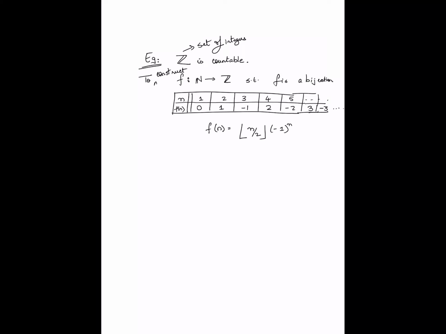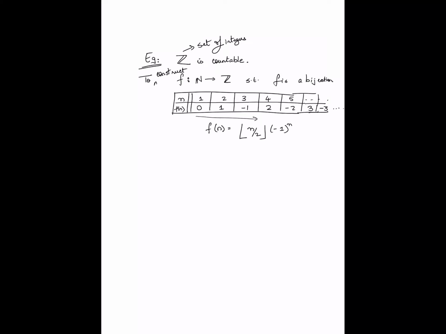Now, this example is instructive in another way. If you stare at how I have specified the bijection, because I want the bijection to be defined from N to Z, all I had to do is produce some sort of listing of the elements of Z. Effectively, all I have done is identify a listing of all of the elements of the integers, in such a way that the list is exhaustive: every integer shows up exactly once, and I should not miss out any integers.